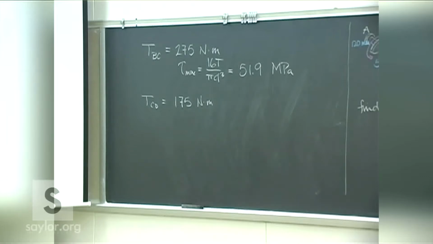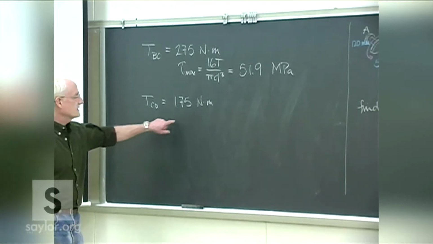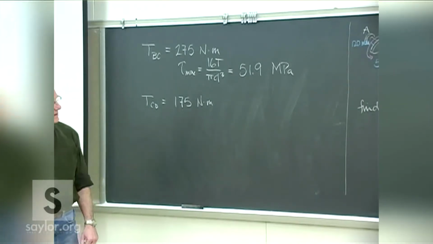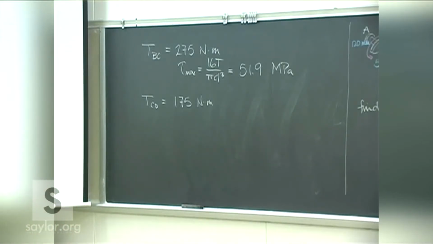Now we don't know if that's the maximum because we also need to check the other section that's loaded, C to D. The shear stress does not depend upon the length of the piece. It only depends on the internal loading and the geometry of the cross section.